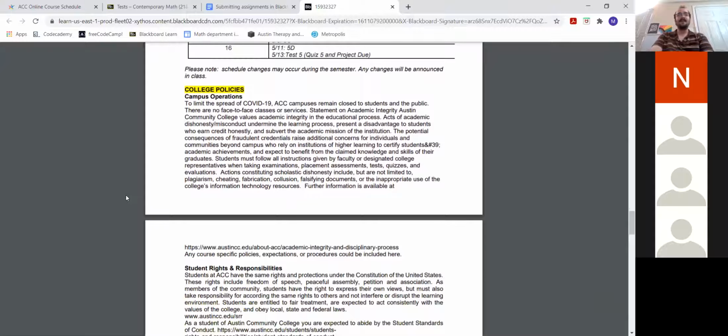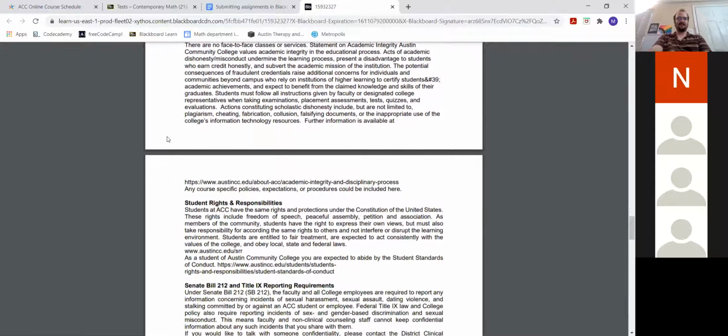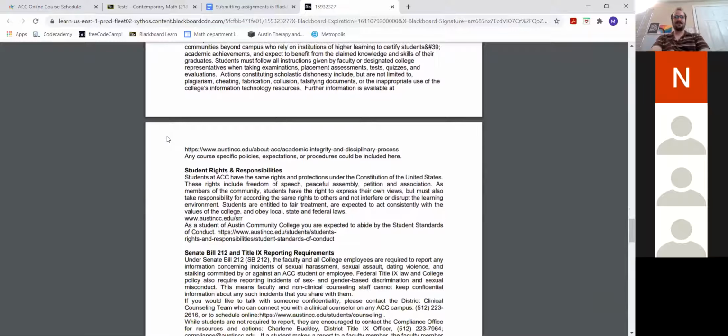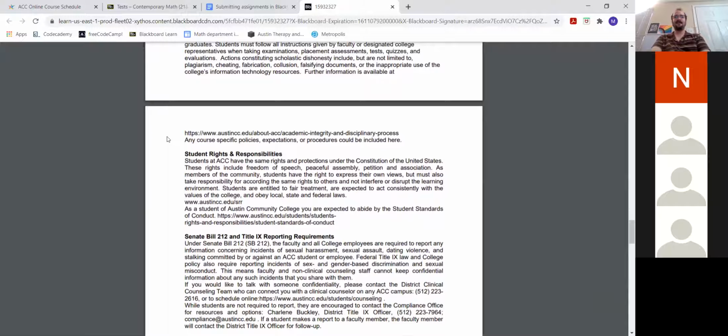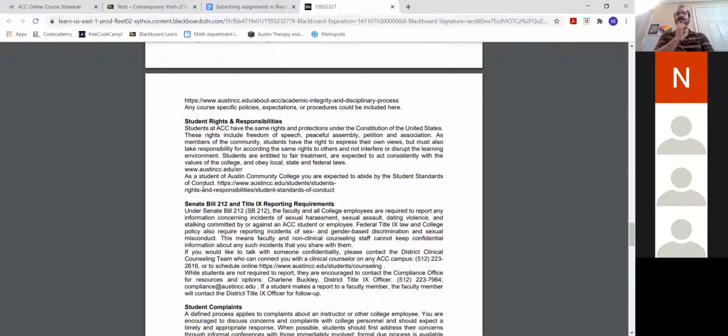College policies, campus operations. So this talks about COVID-19. We're not coming to class because of COVID-19. Student rights and responsibilities. Here we go. ACC has the same rights and protections we have in the U.S. You have the rights and protections of the Constitution: freedom of speech, peaceful assembly, petition, and association.